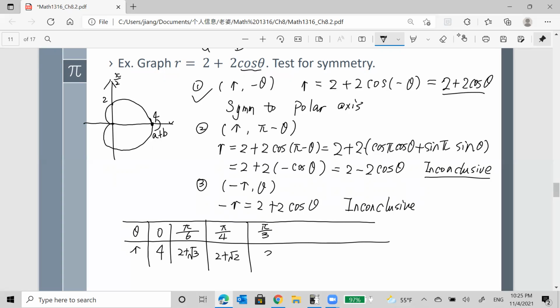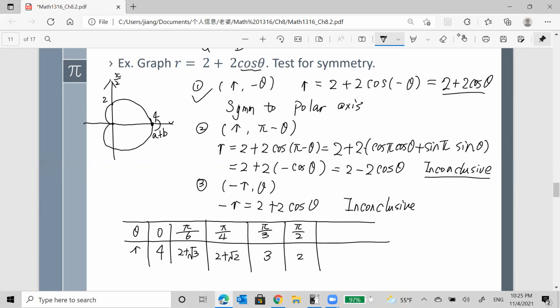So this is 3. I can continue to find pi over 2. So 2 plus 2 times cosine pi over 2. Cosine pi over 2 is 0. So this is 2. So can I continue to plot some points?